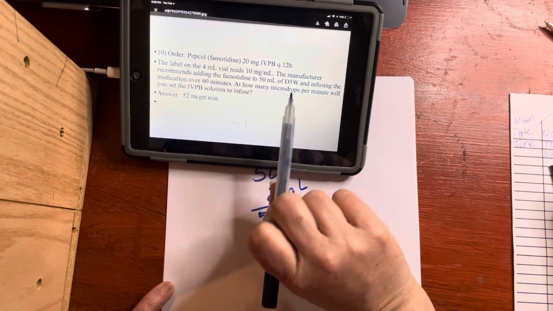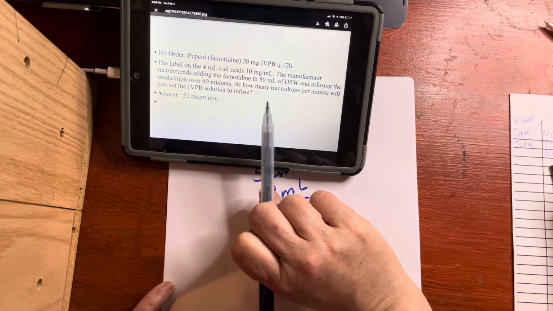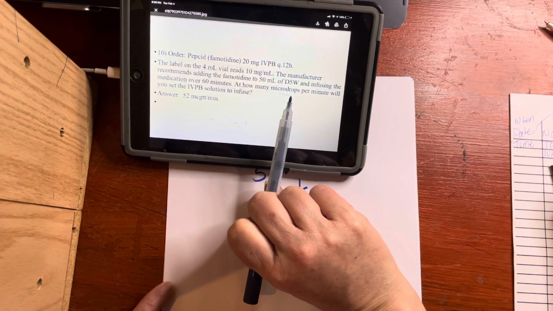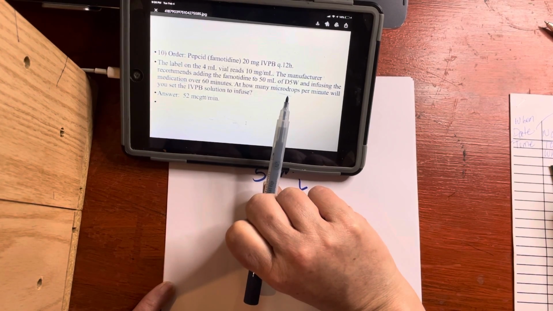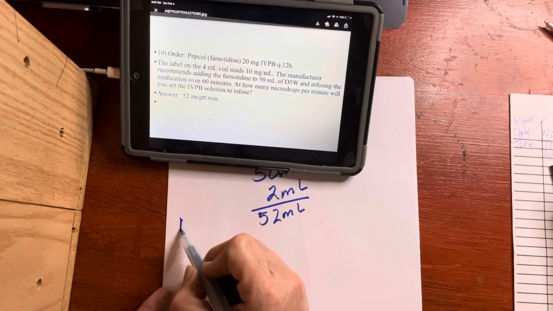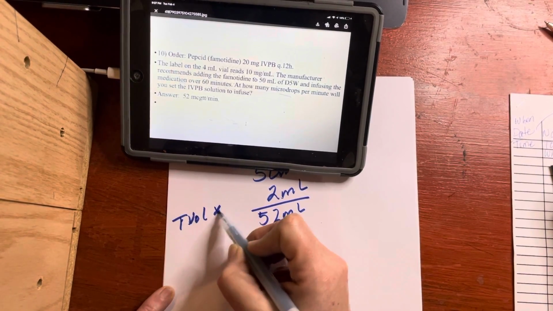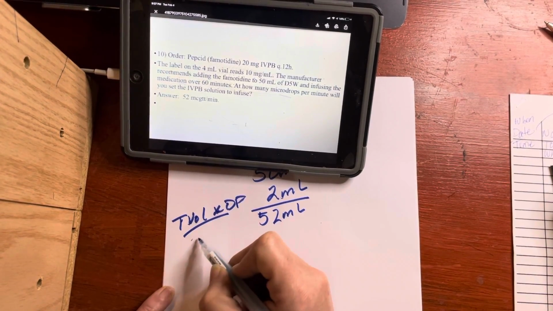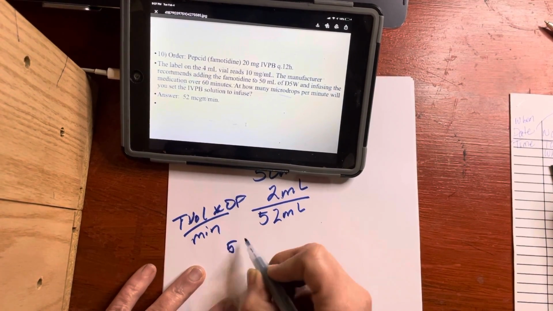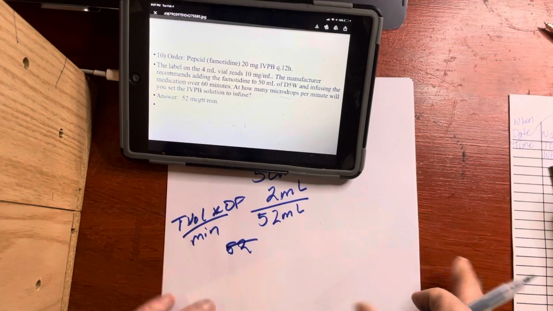And then it wants to know what you going to set it at. And it says micro drip. You got to know that's 60 drops per minute. So if we were going to do drops per minute, this is total volume times the drop factor divided by time in minutes. Our total volume would be 52 mLs.